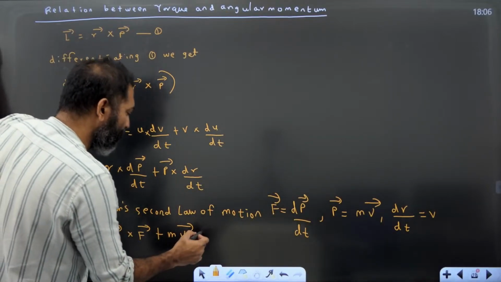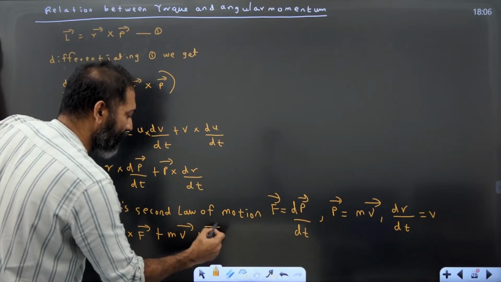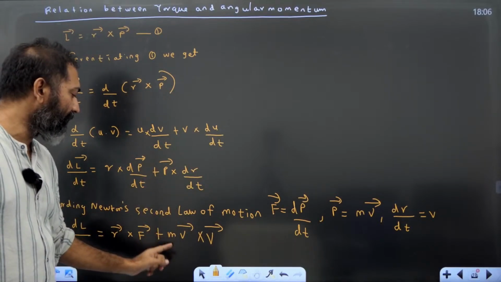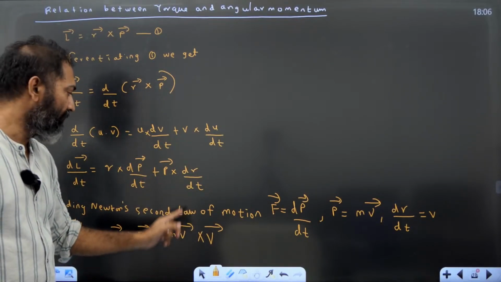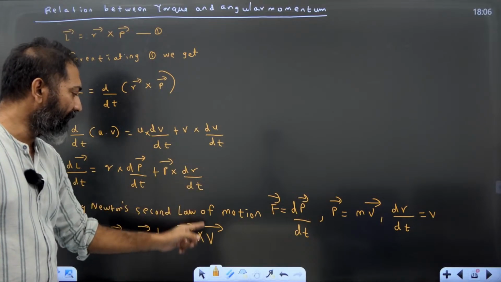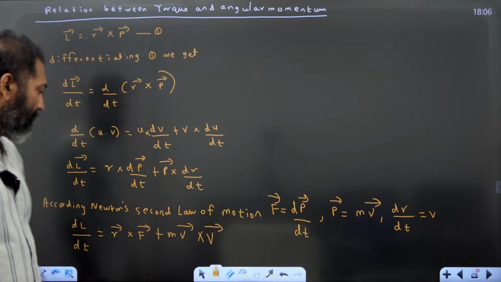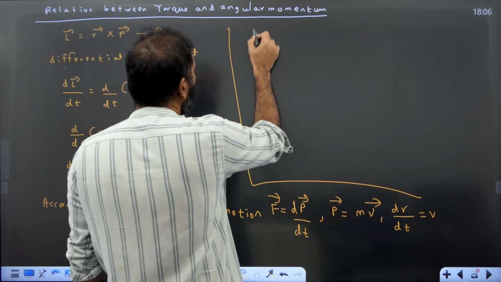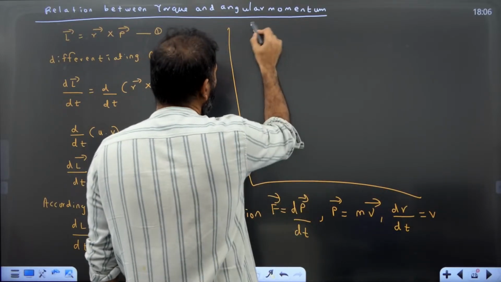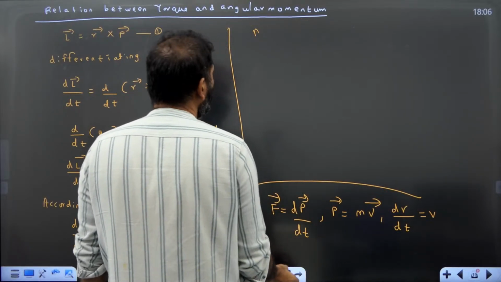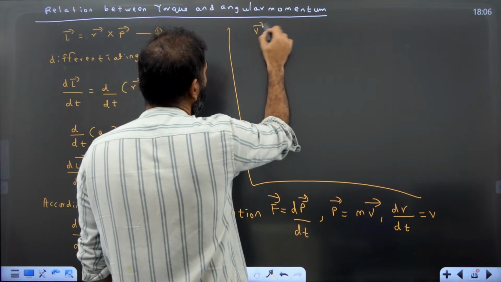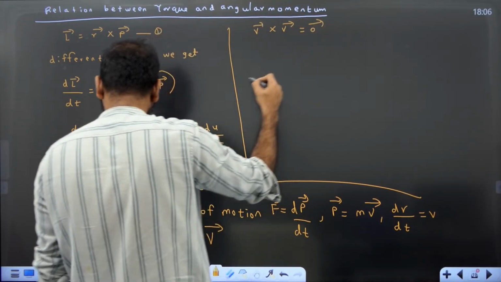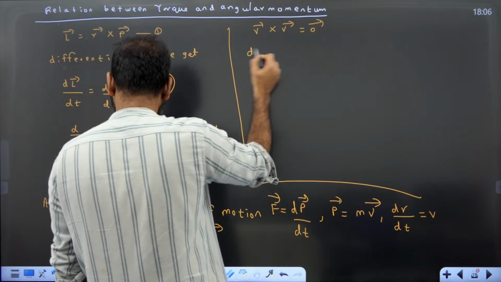So m v vector cross v vector. But a vector cross the same vector, v cross v, is a zero vector. The cross product of similar vectors is the zero vector.